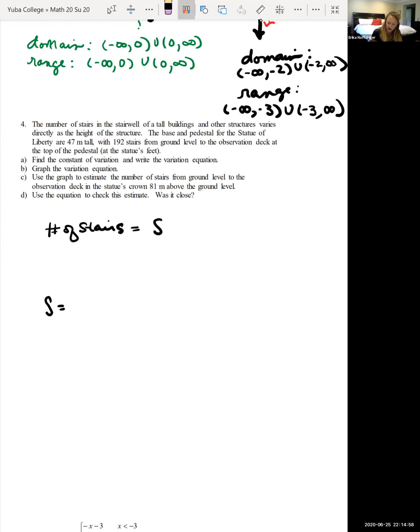This is where we had our constant K in here. Directly as the height of the structure. So maybe we can put H in here for height. Or building.